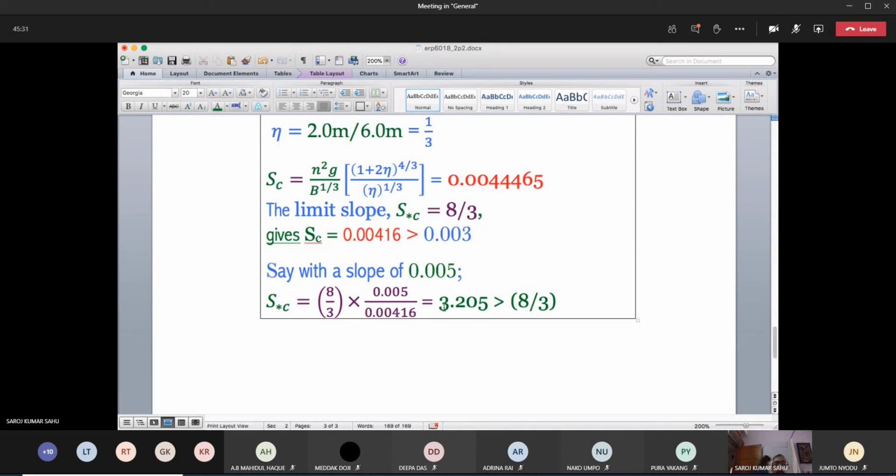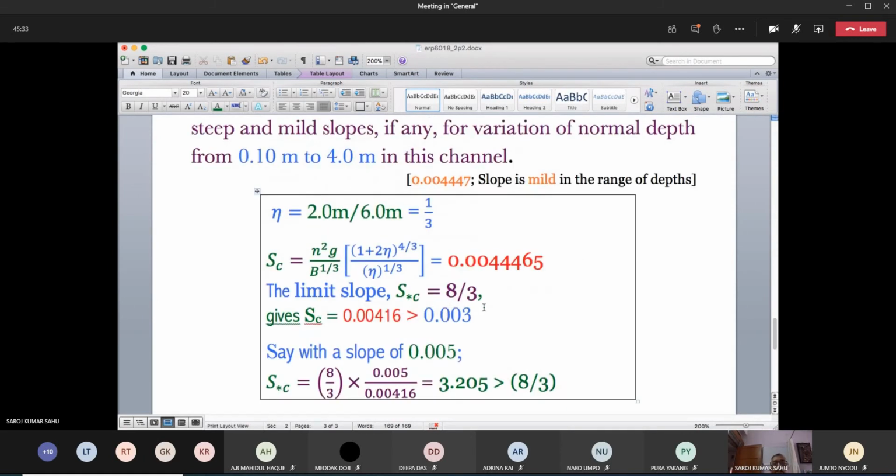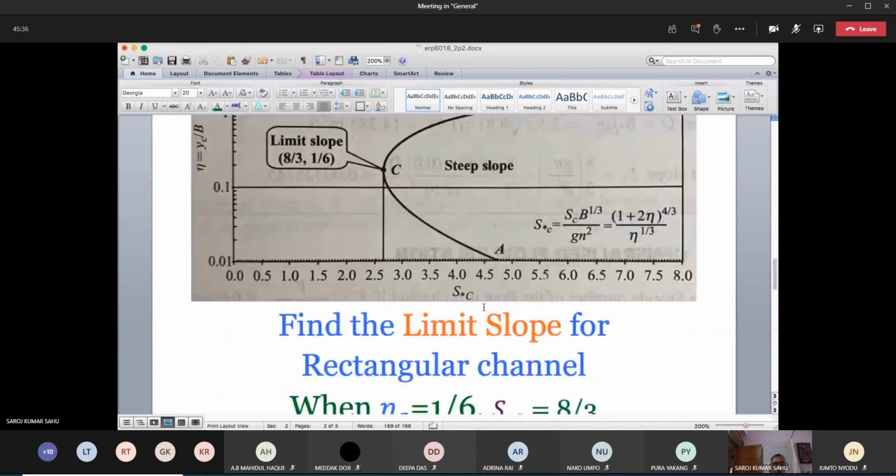Now, 3.205, you read in this curve. You get two values over here. Solve this equation.